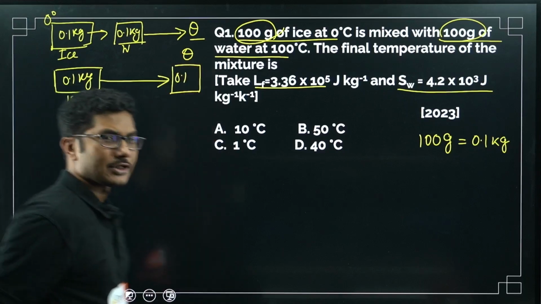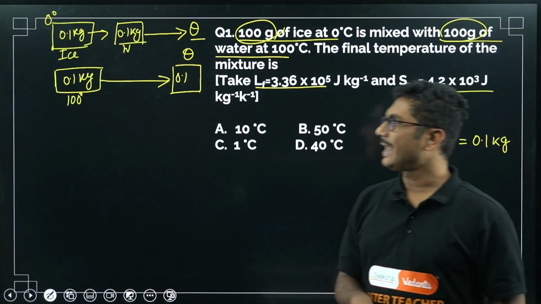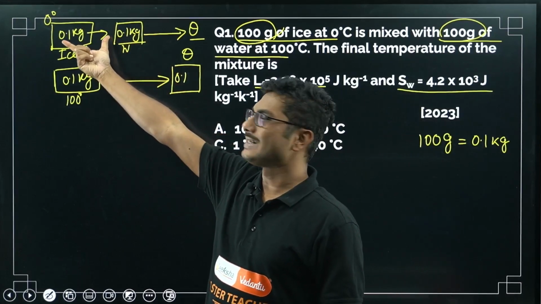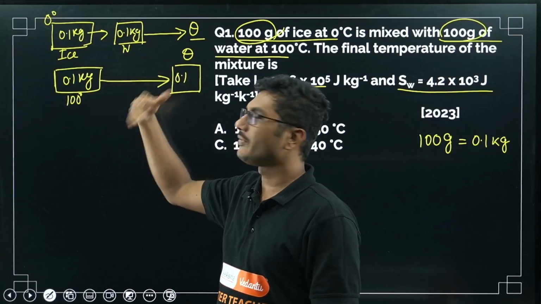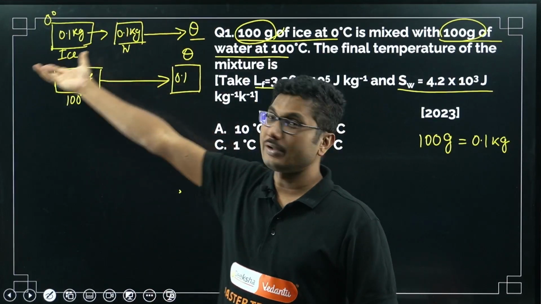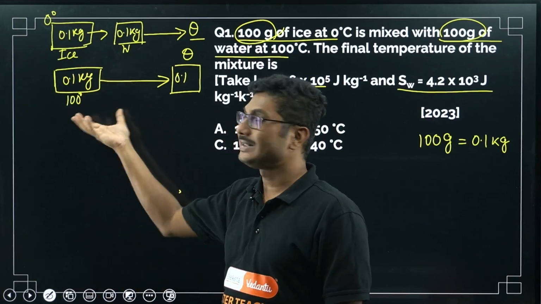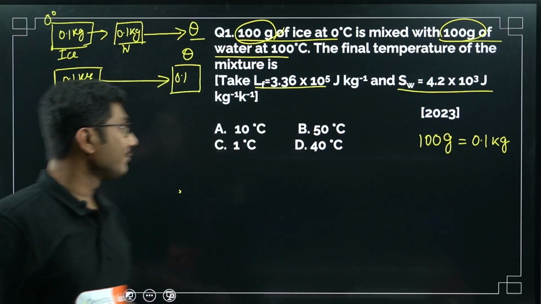The final temperature should be the same for both cases, right? You can see that this one is absorbing heat and this one is giving away heat, and from the principle of calorimetry, if we calculate these two heats, they are exactly equal. Okay, so now let's start with the process.